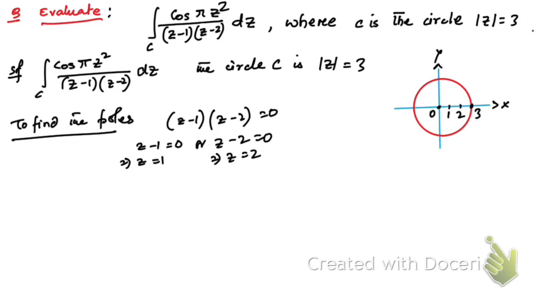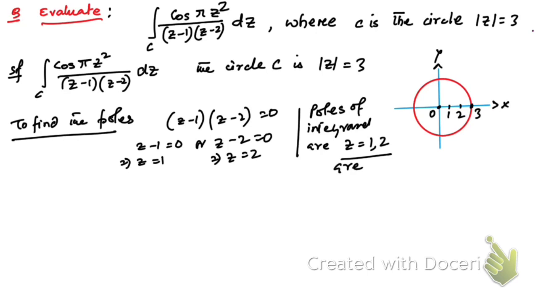Therefore the poles of the integrand are z is equal to 1, 2, and these are enclosed by the circle, in the circle. Mention this thing also, in the circle.